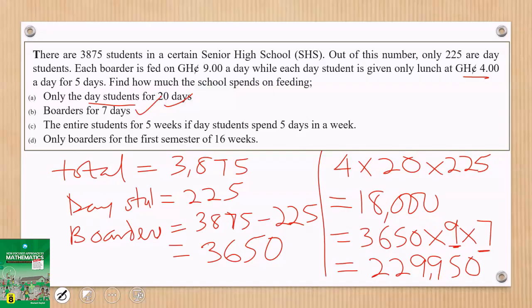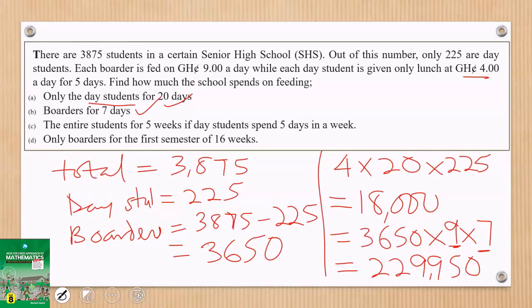Now the third question says the entire students for 5 weeks, if day students spend 5 days in a week. Now let me bring a new page for this since we don't have space. First of all, let's remember that the day students, they're talking about 5 weeks, so day students will have 5 times 5 because they have 5 days in a week.